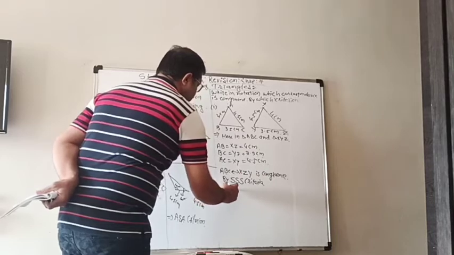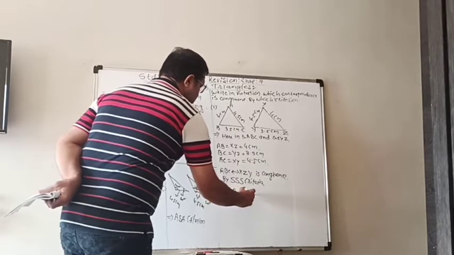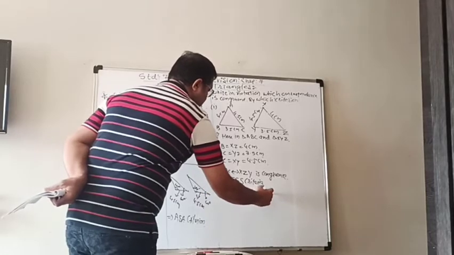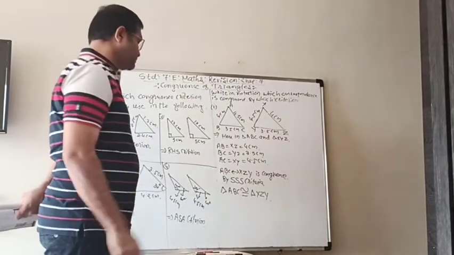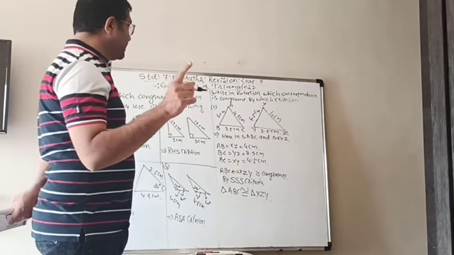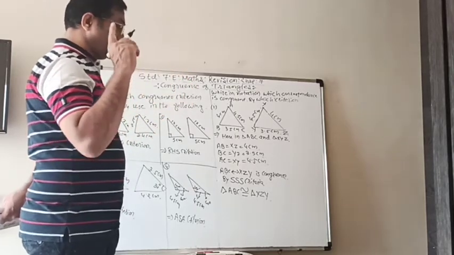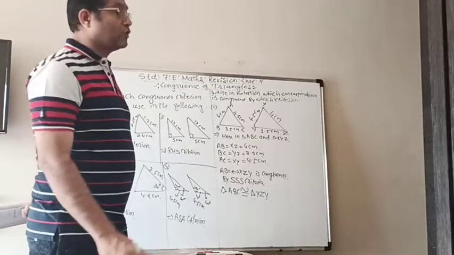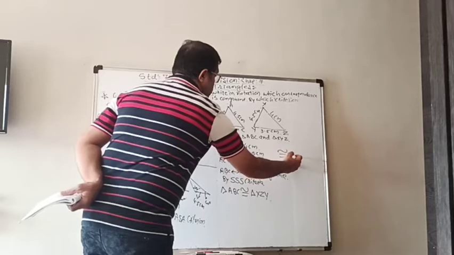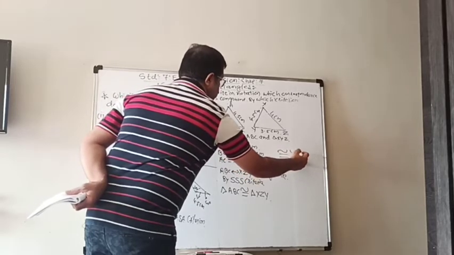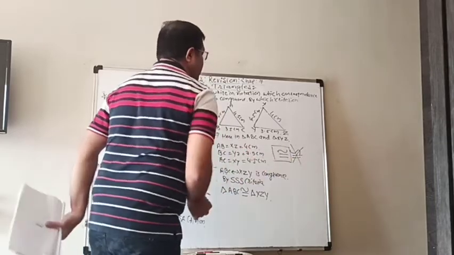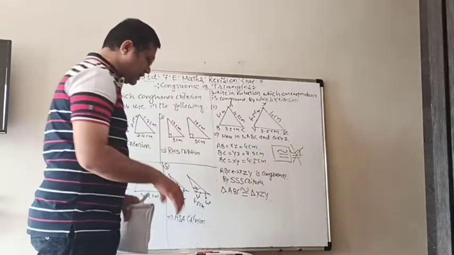And we write down triangle ABC congruent to triangle XZY. And remember, as I told you, that the symbol for congruency is this one, not this one. So try to write like that only.